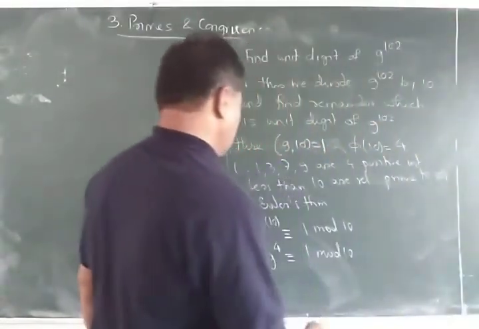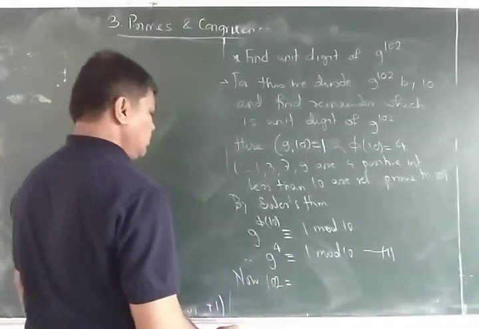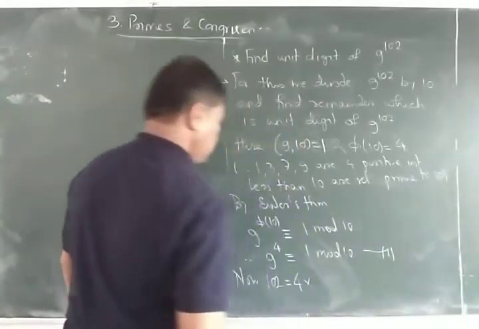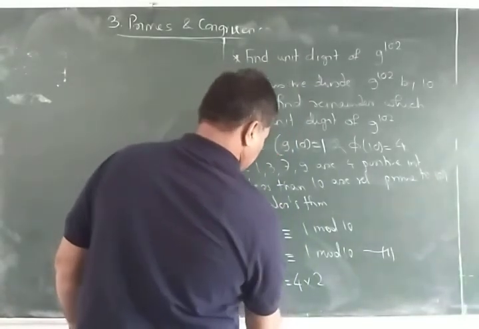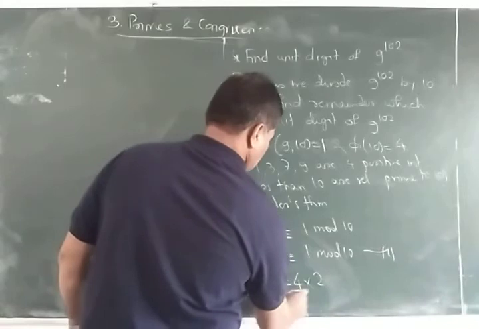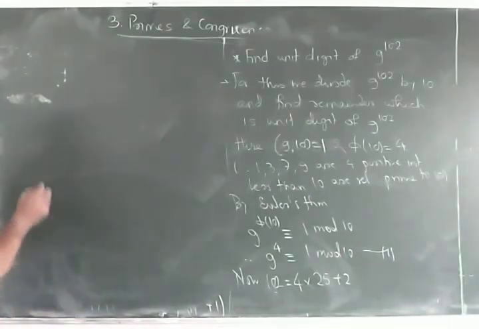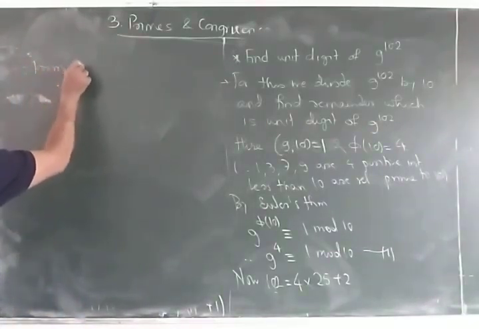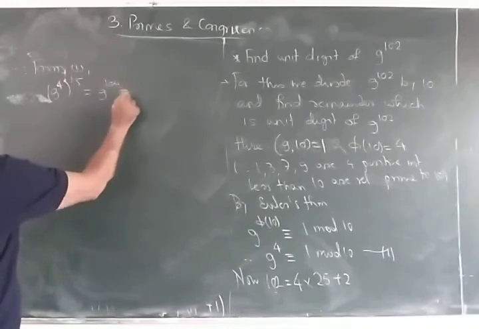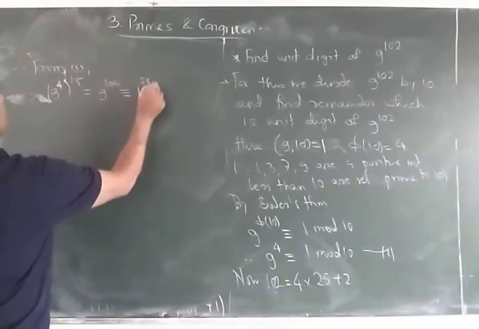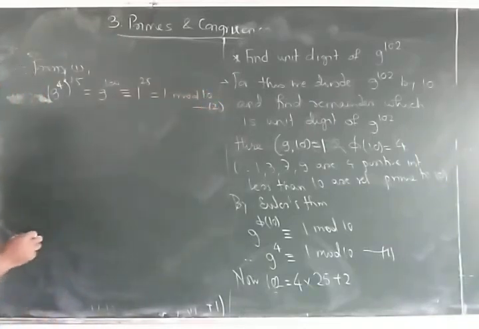Now 102 is equal to 4 into 25 plus 2. From 1, 9 raised to 4 raised to 25, which is 9 raised to 100, is congruent to 1 raised to 25, which is equal to 1 mod 10. This is 2.